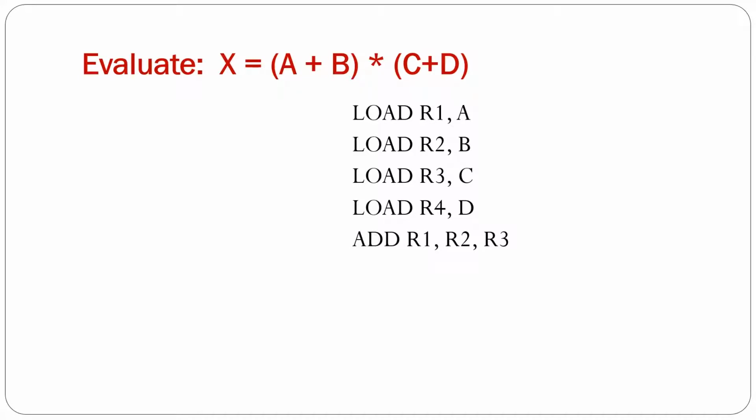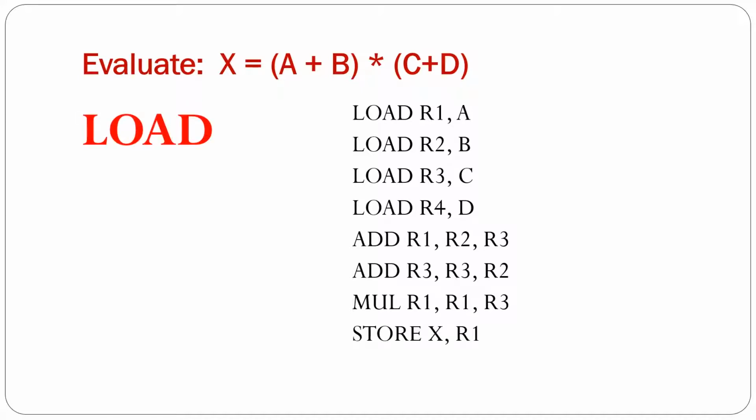Add R1, R1, R2, that is, R1 plus R2 moves to R1. Add R3, R3, R4, that is, R3 plus R4 moves to R3. Multiply R1, R1, R3, that is, R1 times R3 moves to R1.